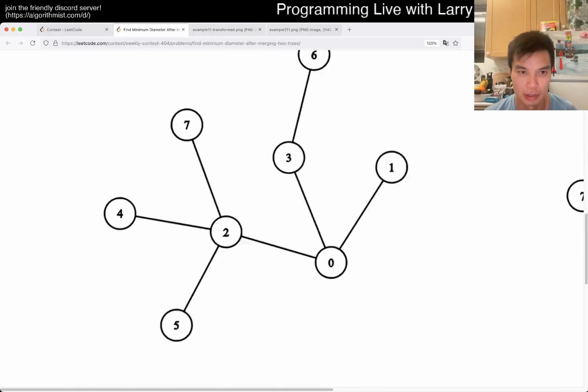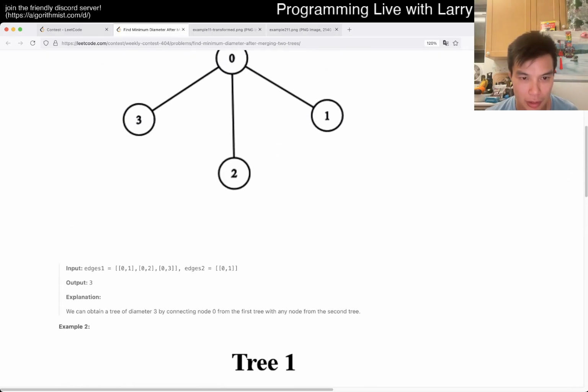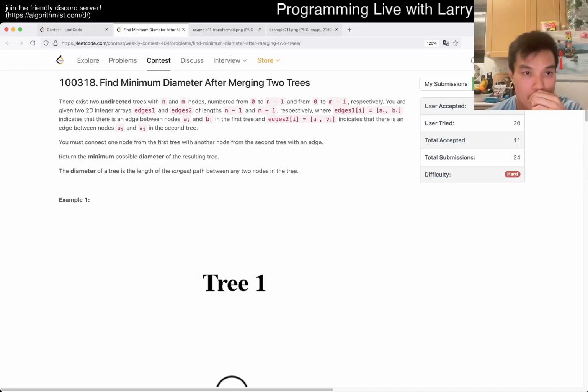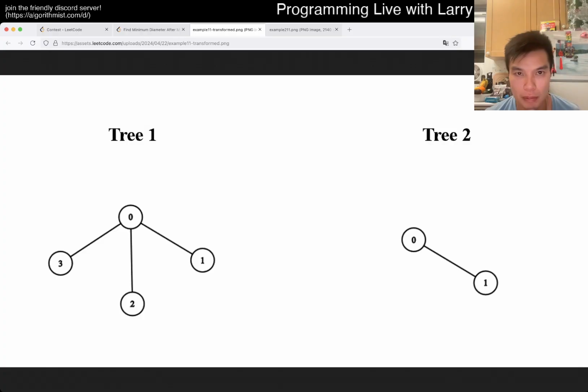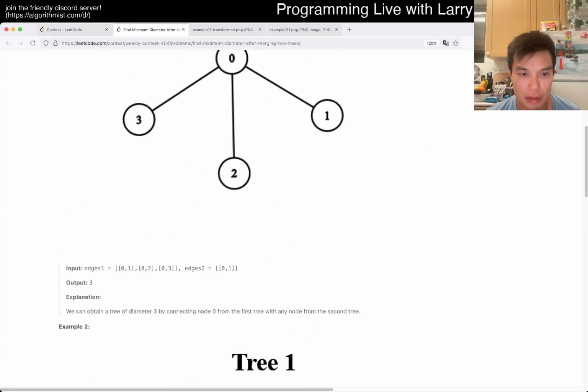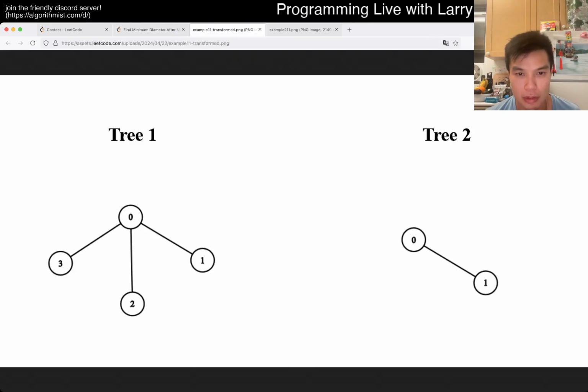Okay, so you have these two trees. Minimum, and then that's 3 because 1, 2, 3, 4.